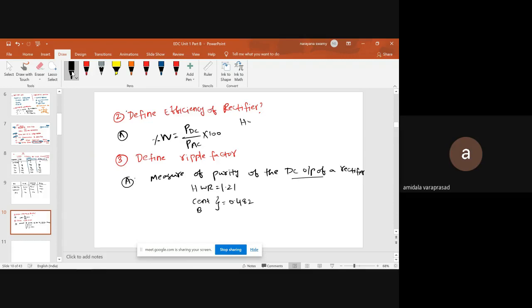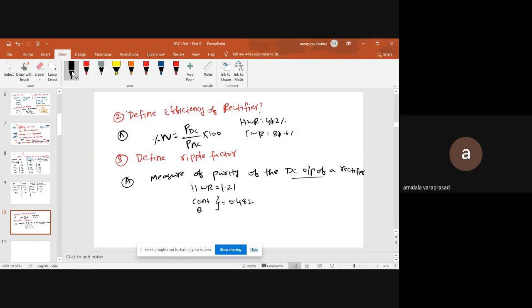Efficiency for half wave rectifier is 40.8%, and for both full wave circuits it is 81.2%.